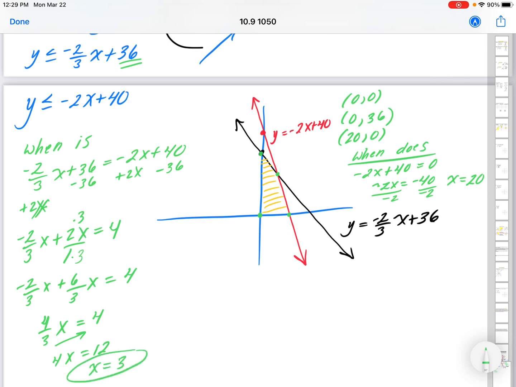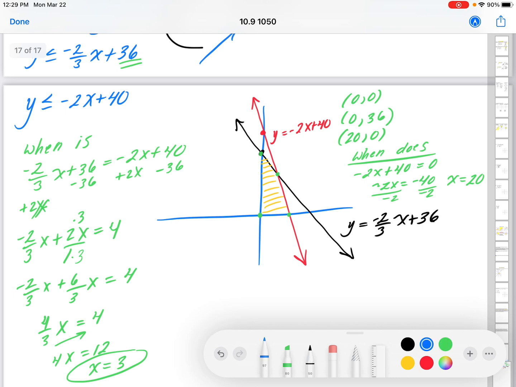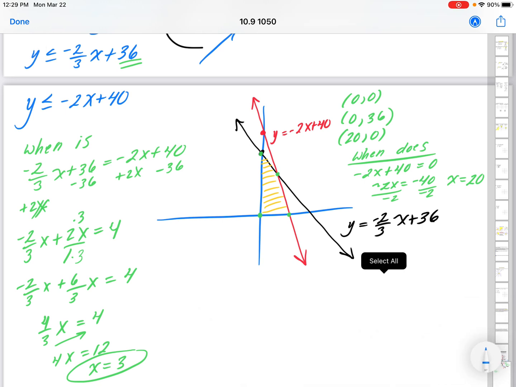If you want to solve by a different method, you could get it into x, y equals a constant form and solve by elimination or substitution, if you'd prefer doing that instead. It just depends who you are.